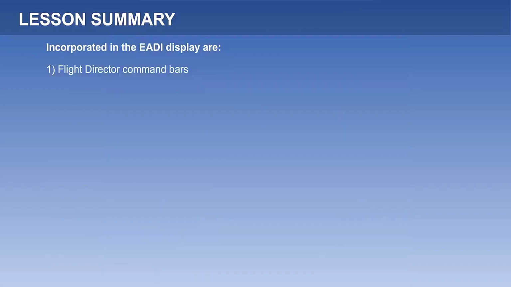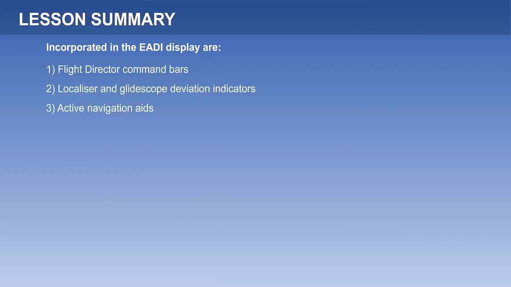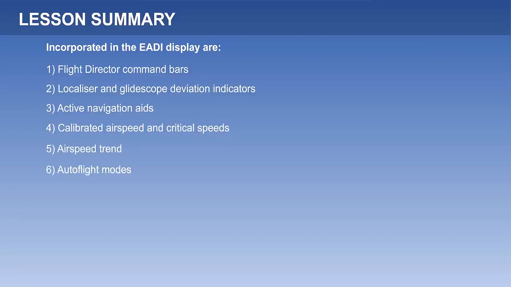Incorporated in the EADI display are flight director command bars, localizer and glide slope deviation indicators, active navigation aids, calibrated airspeed and critical speeds, airspeed trend, auto flight modes, autopilot status, altimeter and vertical speed indicator, aircraft heading, and radio altitude.